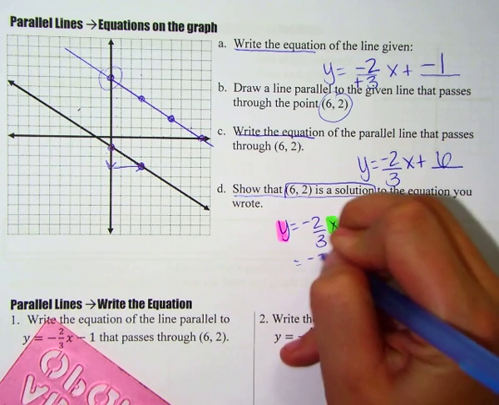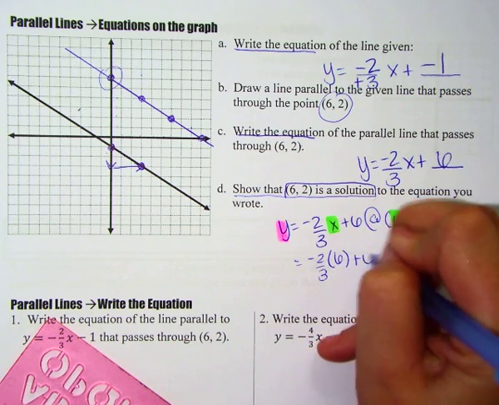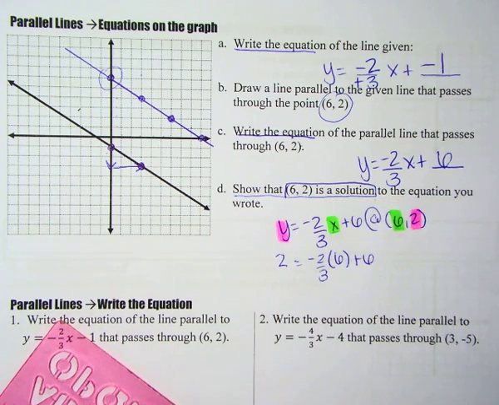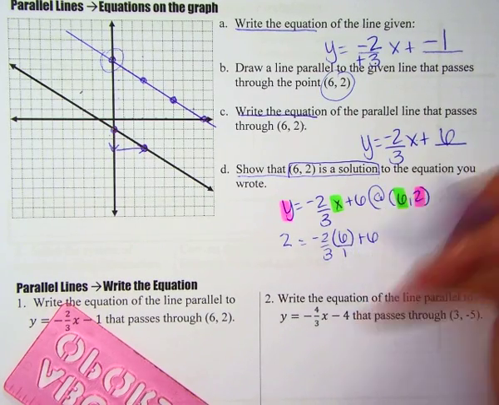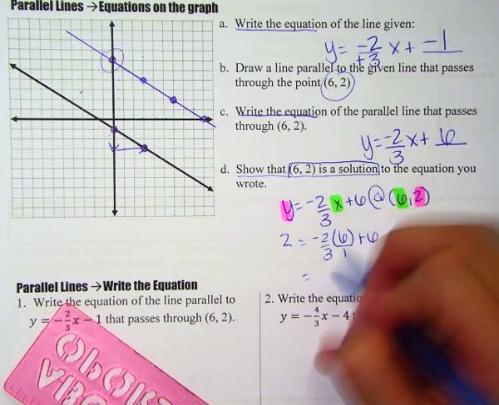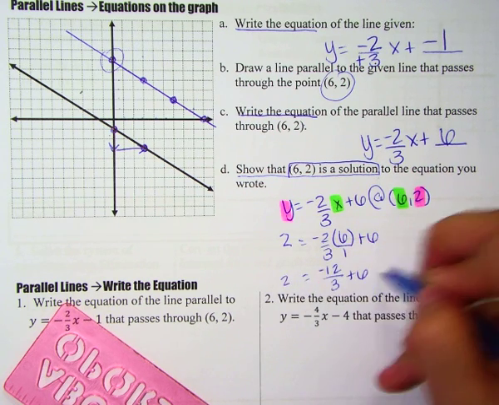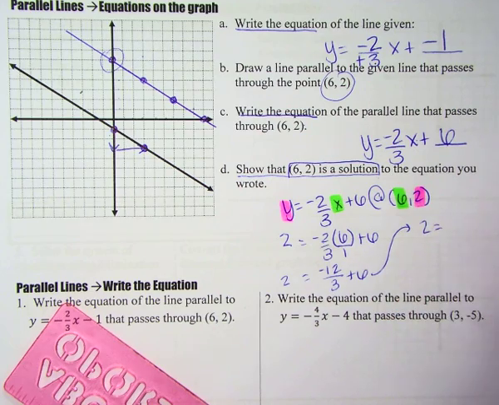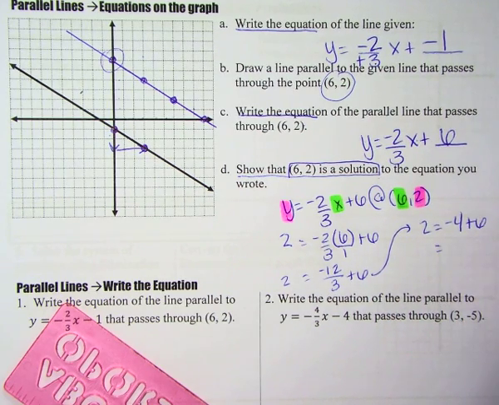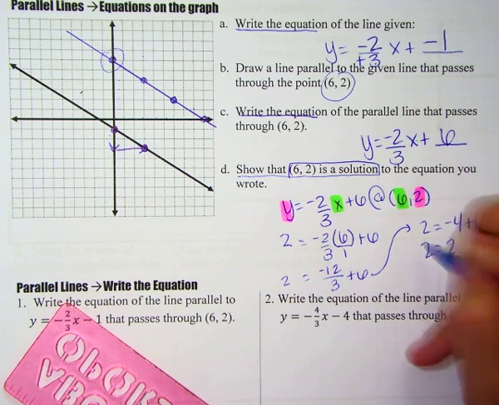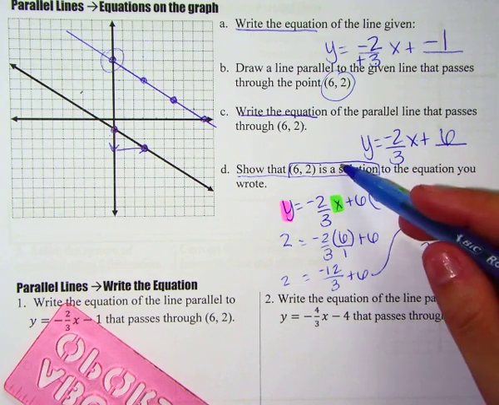So this will become negative 2/3 times x, which is 6. And then 2 is on this side. To simplify this, I put 6 over 1, and I can multiply straight across. Negative 12 over 3. Negative 12 over 3 is negative 4. Negative 4 plus 6 is 2. So since this is a true equation, this is indeed a solution.